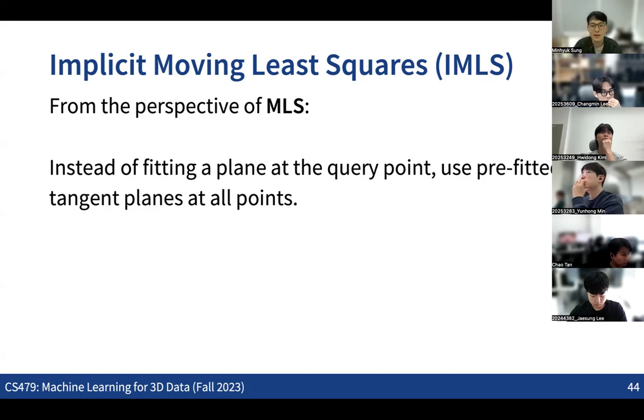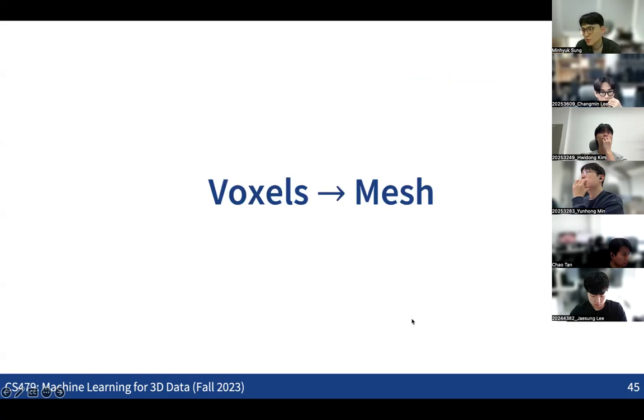And then in the next lecture, we are also going to discuss how to convert the voxels into the mesh. Given a point cloud with the surface normal, you can calculate the signed distance function either with the implicit moving least squares or the radial basis function, and evaluate this implicit function for each voxel.